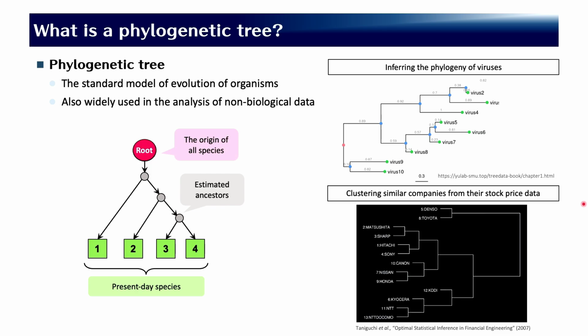For example, by constructing a phylogenetic tree from time series data of stock prices, we can find clusters of similar companies. Indeed, trees are very useful because they are easy to compute, easy to draw, and easy to interpret. This is why trees have so many applications.